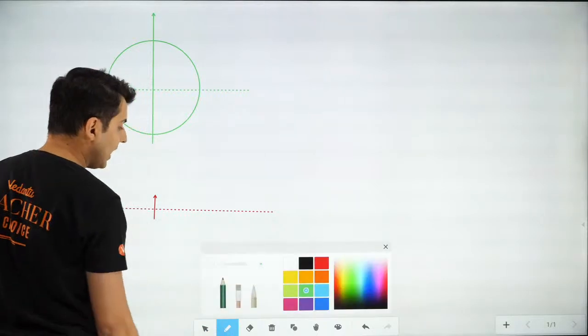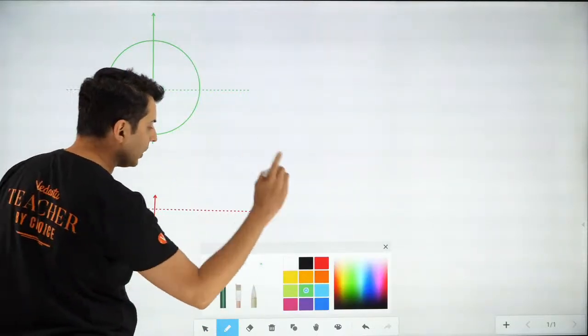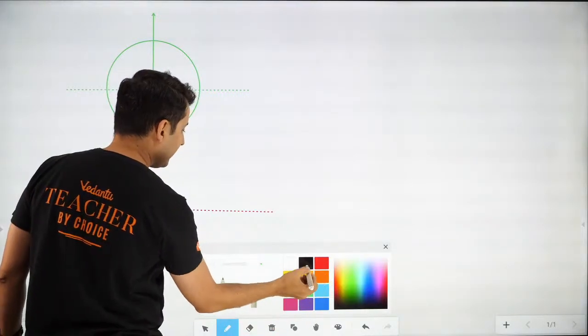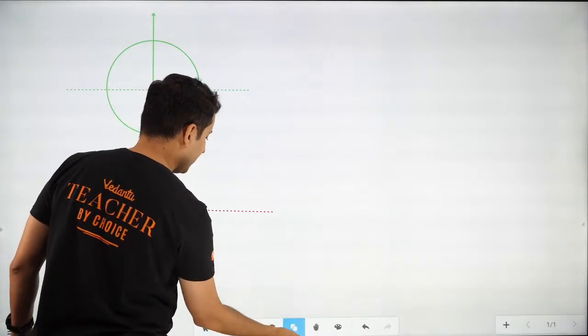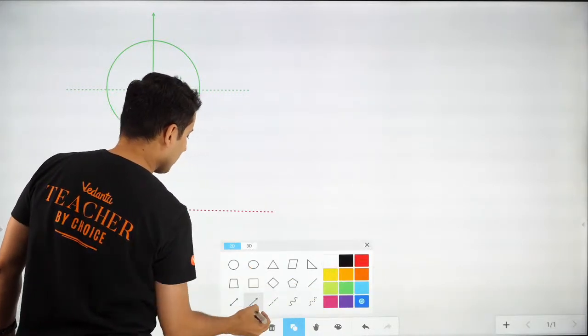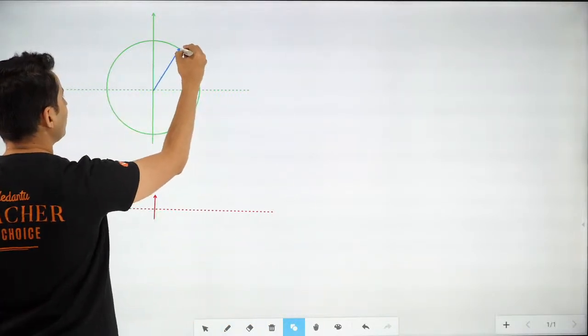Now just imagine there is a particle which is going along this circle with constant speed. Let's just say initially the particle was over here.